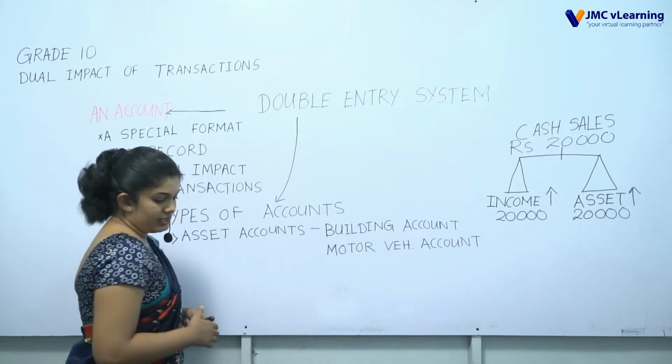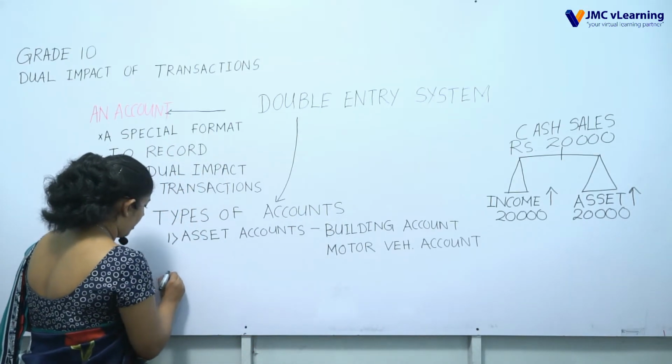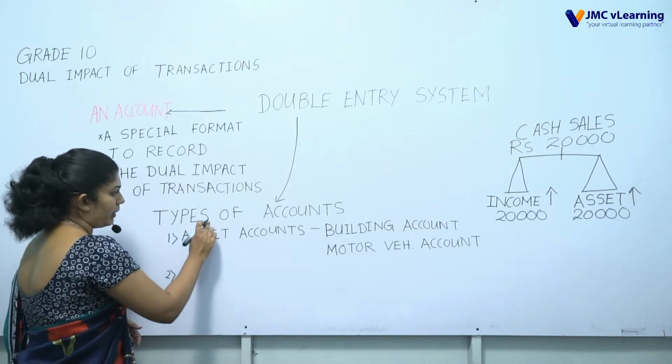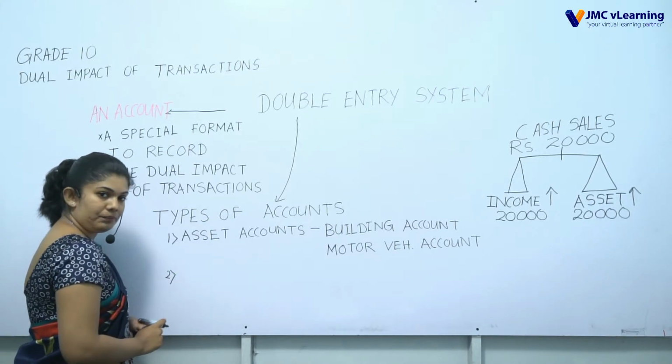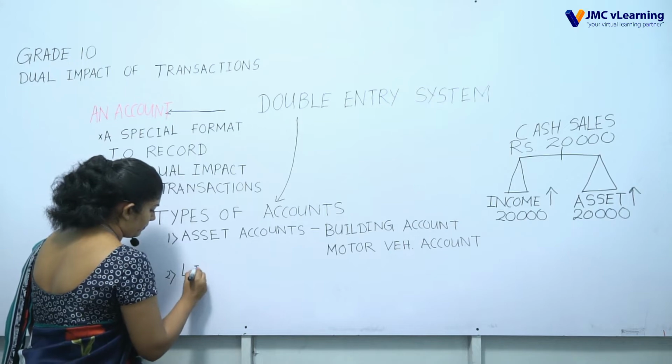And the second type, number 2, liability accounts.